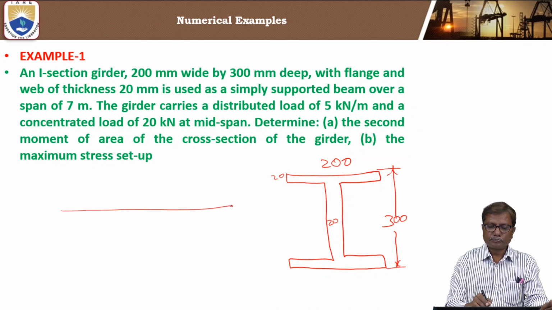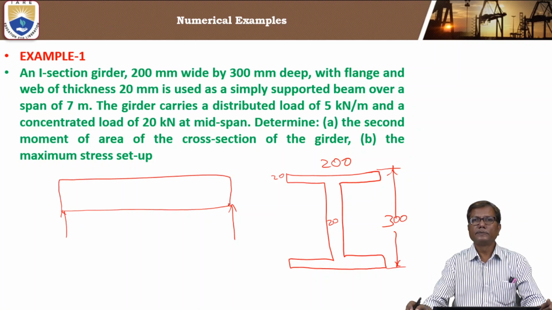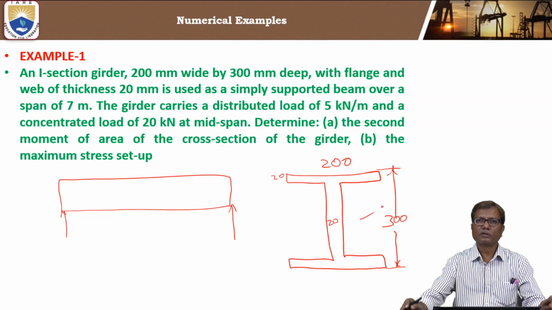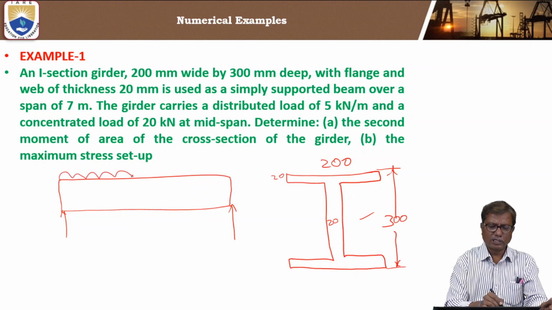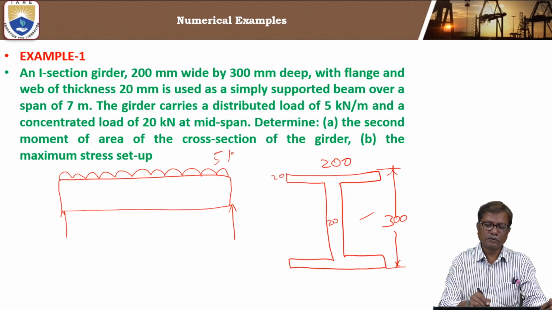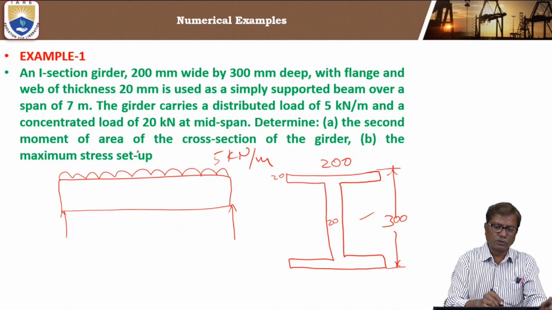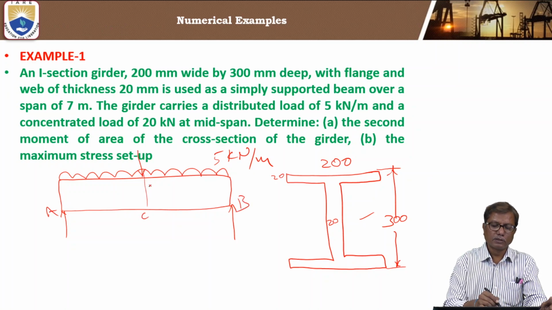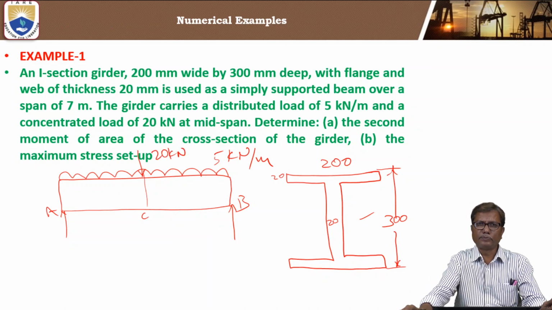So the beam is simply supported, with the cross section in the shape of an I section, and it is loaded with a UDL, uniformly distributed load, of 5 kN per meter length and a point load, concentrated load at midsection of 20 kN, which is acting at midspan. So these are the loads acting on the beam.